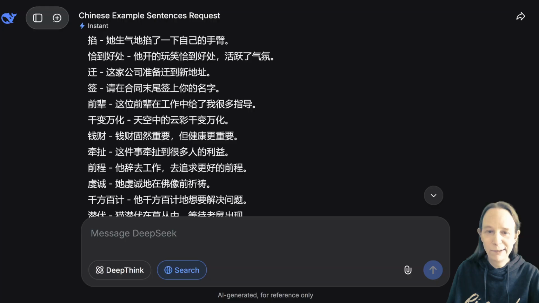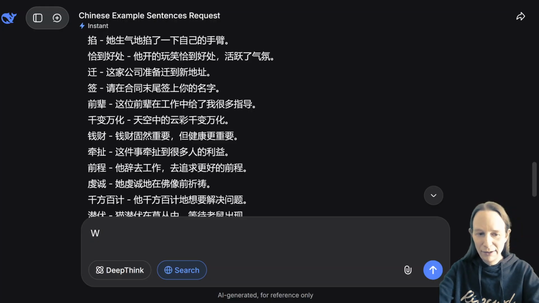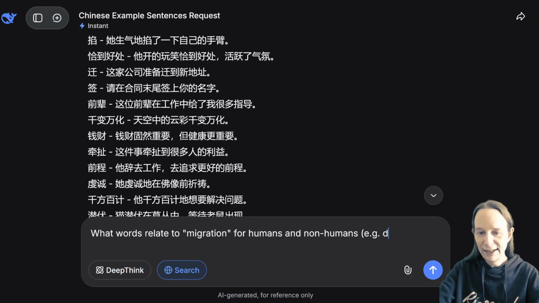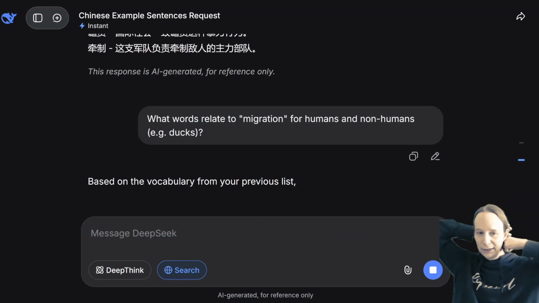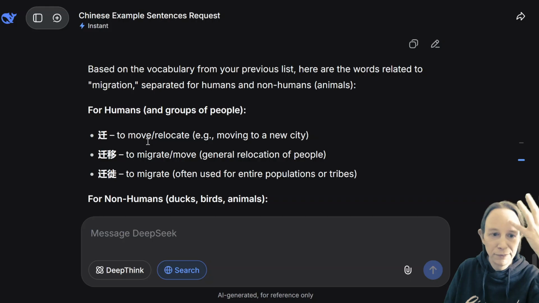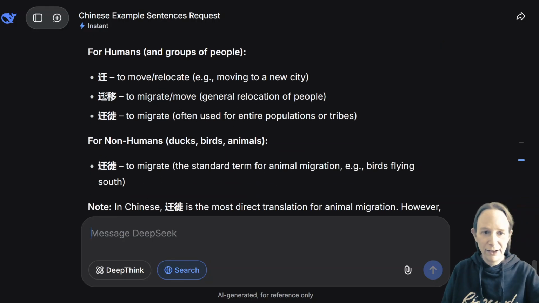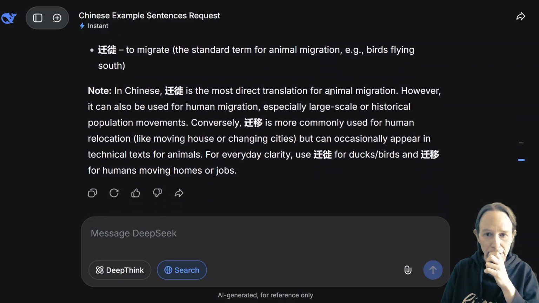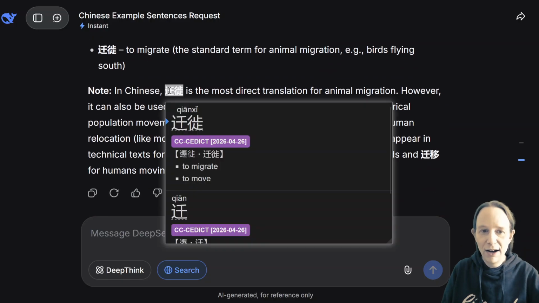But also 迁移. Let's ask the AI. What words relate to migration for humans and non-humans, ducks? So 迁移 for general relocation of people. You can use 迁徙.